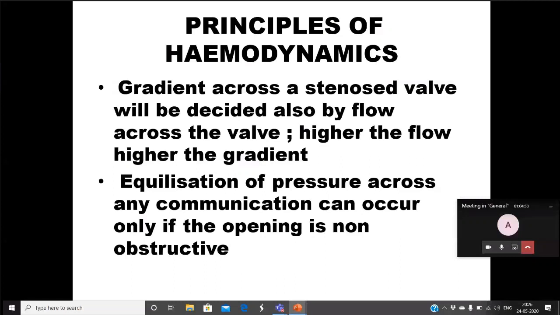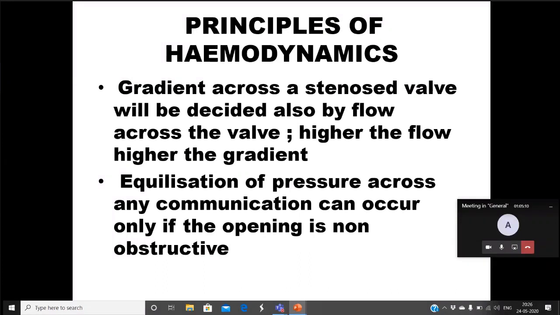Hyperdynamic states, then aortic regurgitation. Aortic regurgitation, not hyperdynamic states. In hyperdynamic state, there is actually no increased flow across the valve. The maximum flow occurs in the early part of systole and is quickly finished.